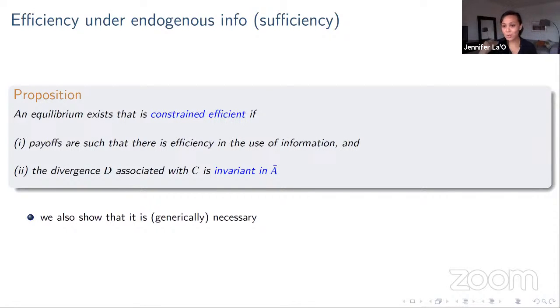And then we ask, now suppose you have payoffs that impose efficiency in the use of information, what else do you need in order to also get efficiency when agents are acquiring their information? And for that, it's what we call invariance in A bar. Okay, we show that it's sufficient, but also that it's generically necessary.